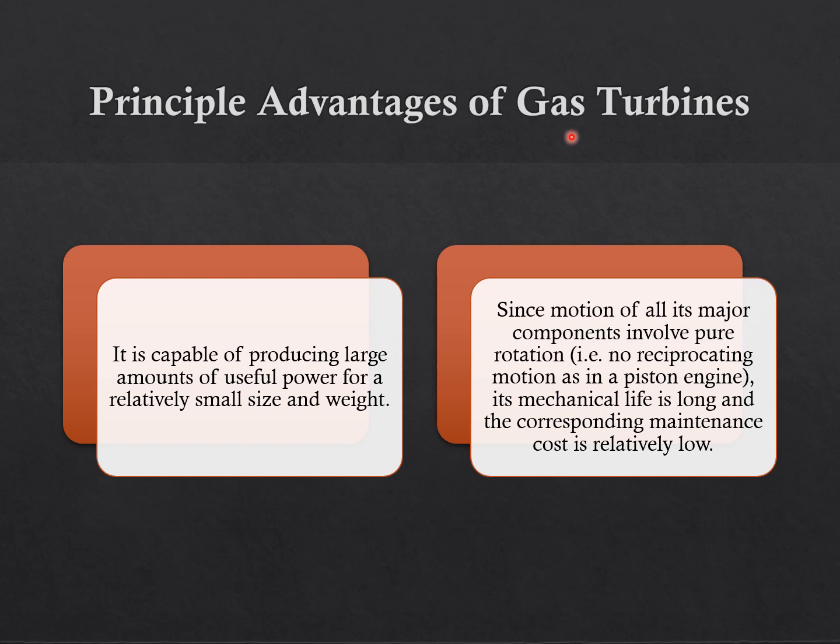Because gas turbines are small, and they also have less weight than other systems. So for a relatively small size and weight, these turbines are able to produce large amounts of useful power. That's their capability, and that is their advantage. And we use them a lot.